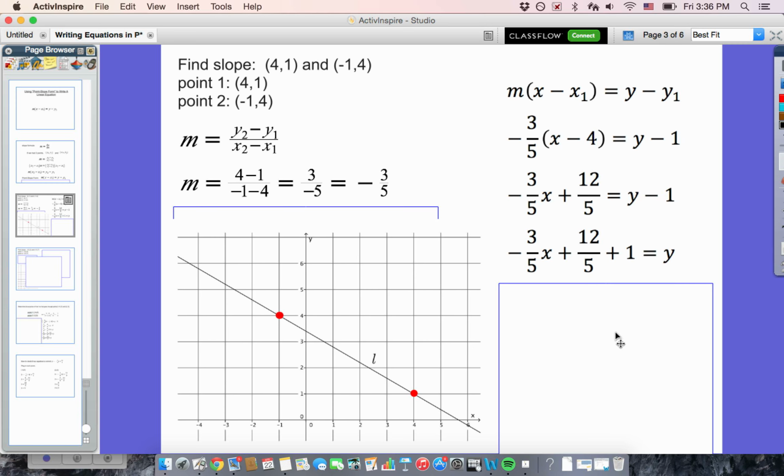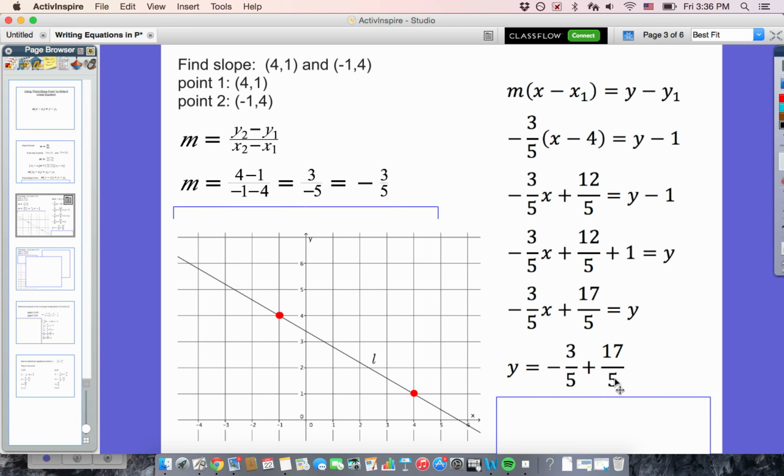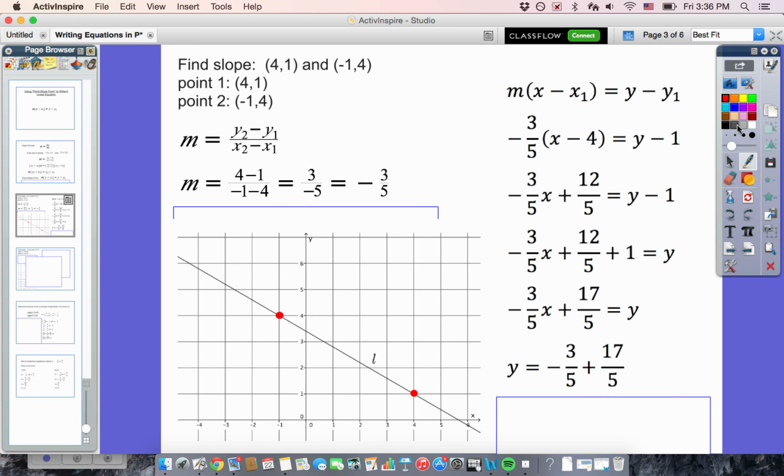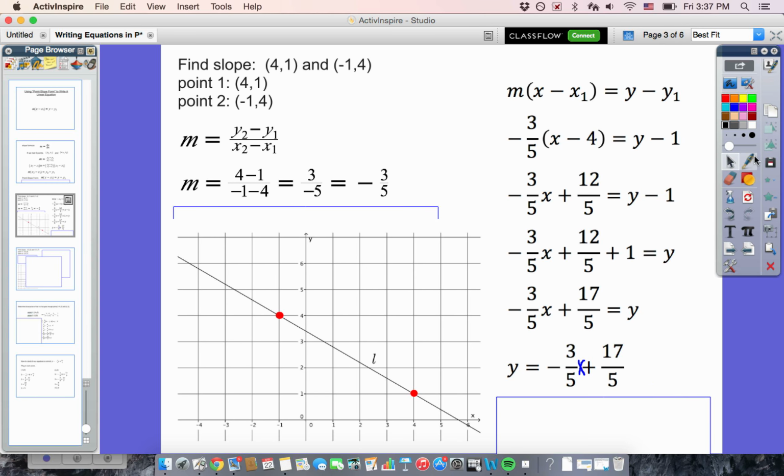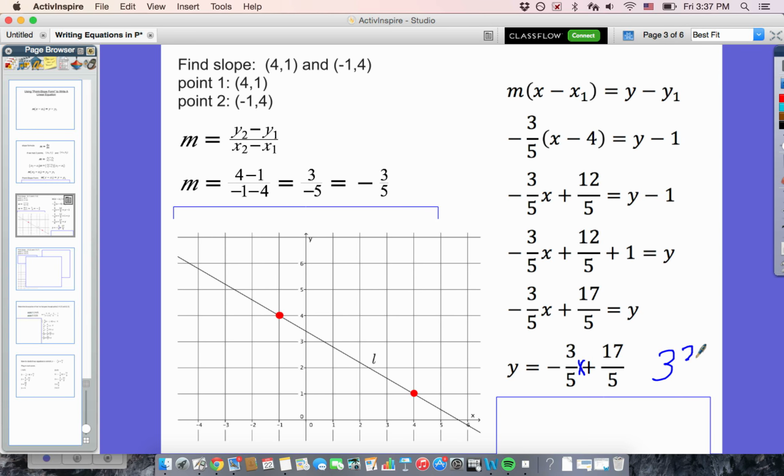Then I would combine my like terms, and I get y equals -3 over 5 x plus 17 over 5. As we can see here, our slope is -3 over 5, and our y-intercept is 17 over 5, which is, I believe, 3 and 2/5.